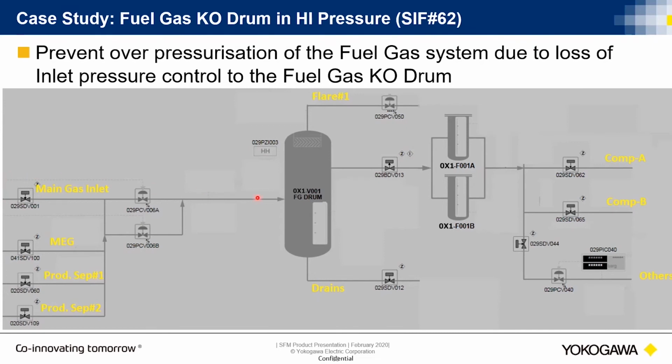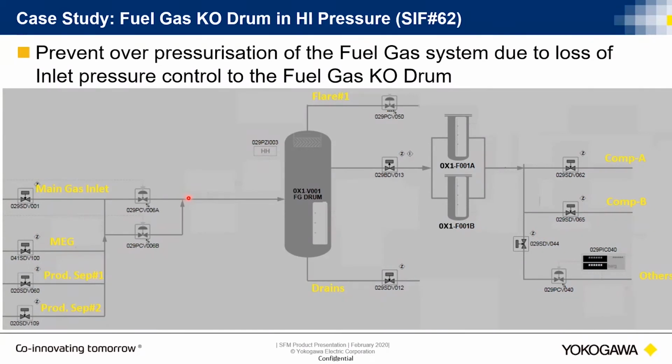It's not in the picture here. And that is the pressure signal that is meant to be protecting the knockout drum. Outlets, there's one drain and outlet to the flare, and of course the valve that sends stuff down to the compressors and other places within the plant.